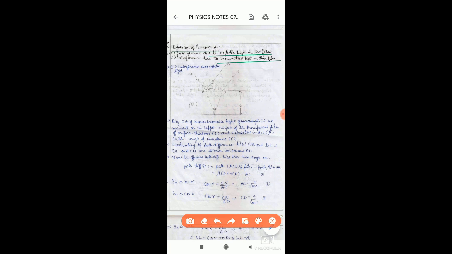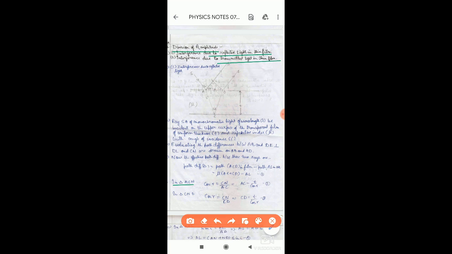From the figure we can find some triangles. In right angle triangle ACN, cos R equals CN upon AC. CN equals the thickness T, so AC equals T upon cos R, equation number 2.